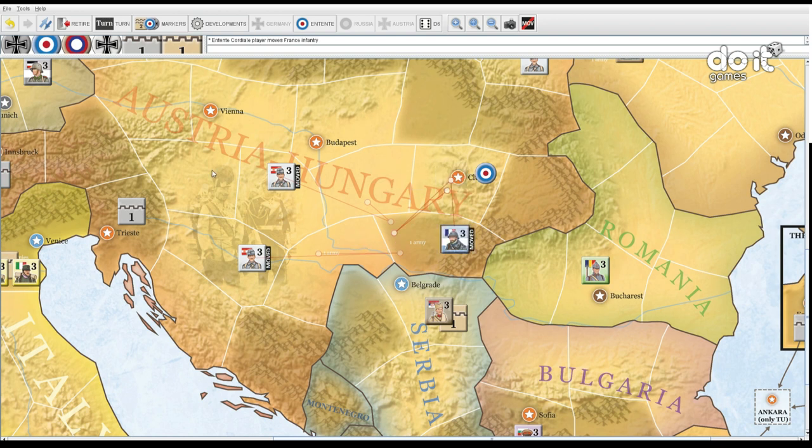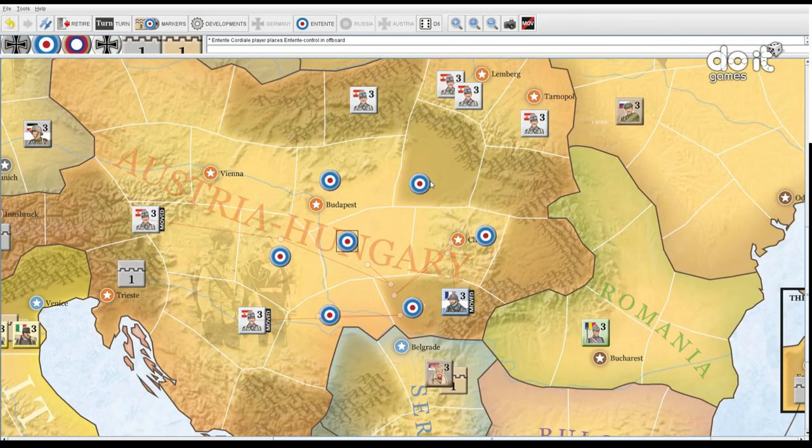If I move one French unit to all these areas, this is just a silly example, but I think you can understand. This area is out of supply, obviously, completely. This area will become French control, okay? So this is another way, not as frequent as by moving, but this is another way one power can take control of one area.